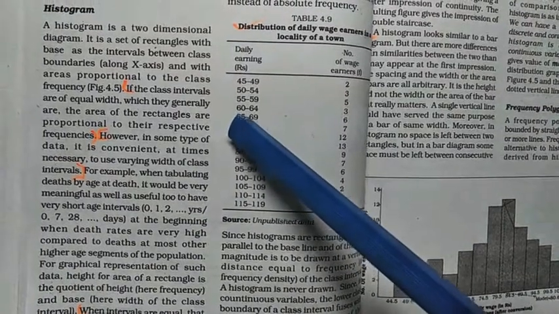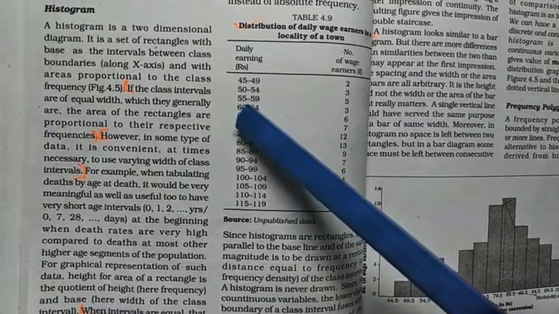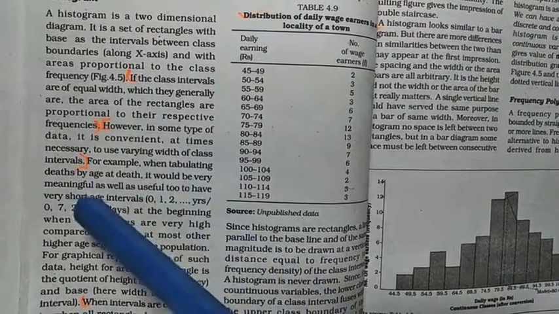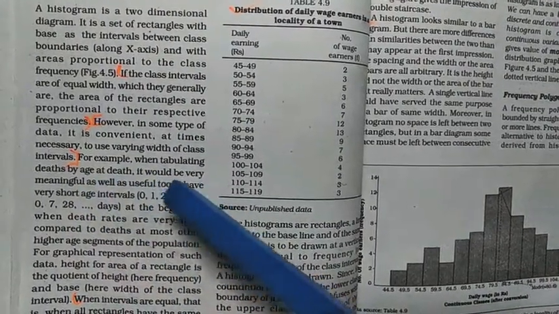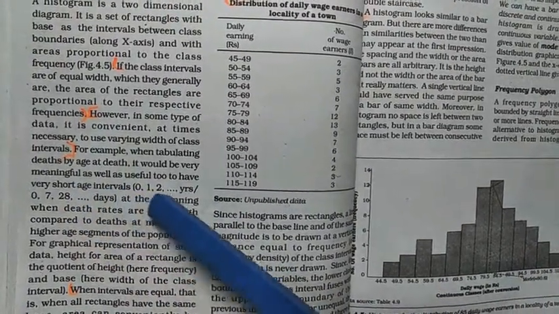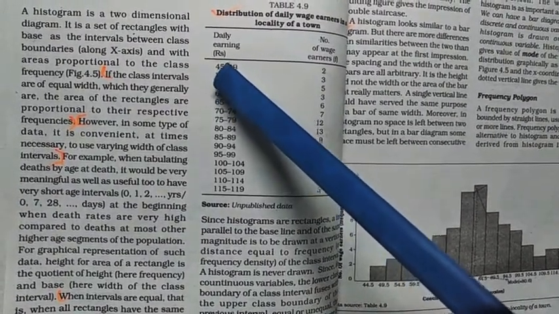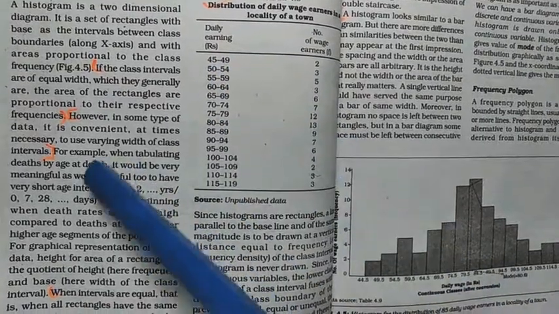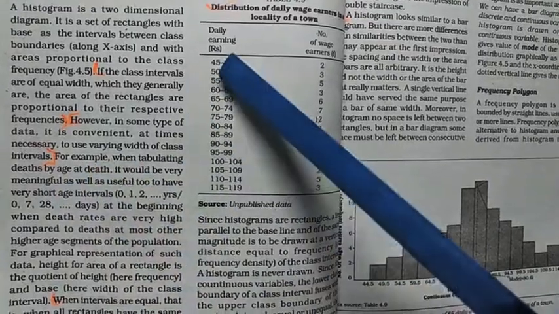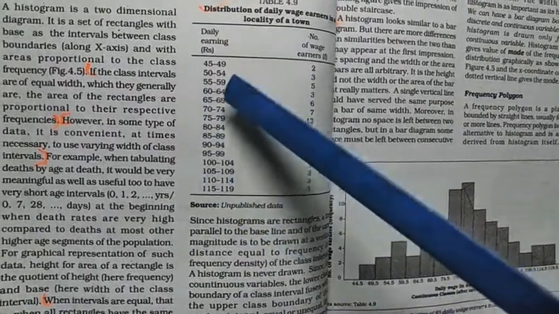So in some cases, you may find it convenient to use intervals which are of unequal width, different class intervals. For example, when you are tabulating deaths by age, it will be meaningful as well as useful to have very short age intervals like 0, 1, 2, because here we are taking 5 as the class interval, and if you calculate this, for example, deaths by age, it would not give you a meaningful comprehension of the data.